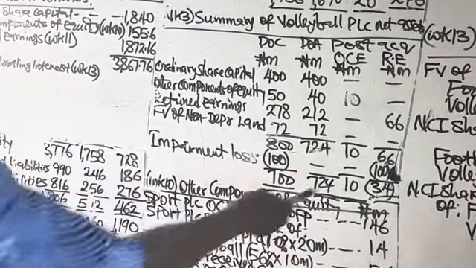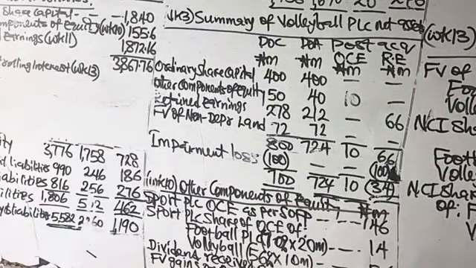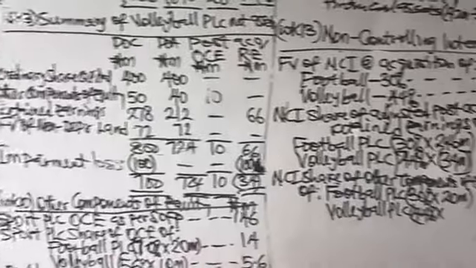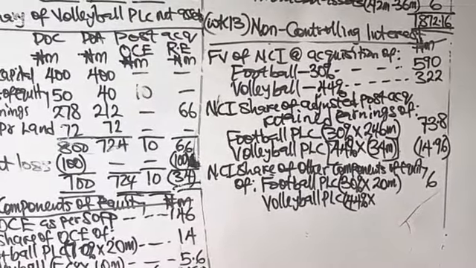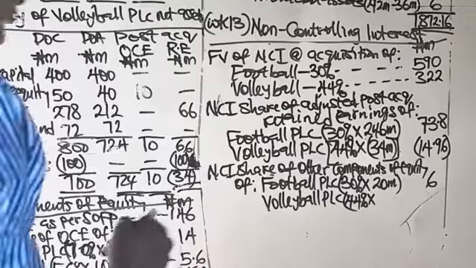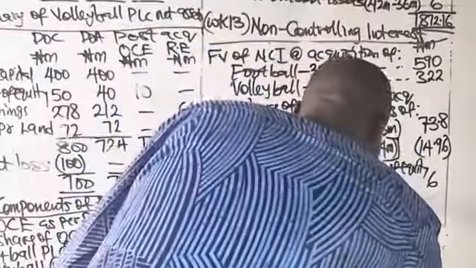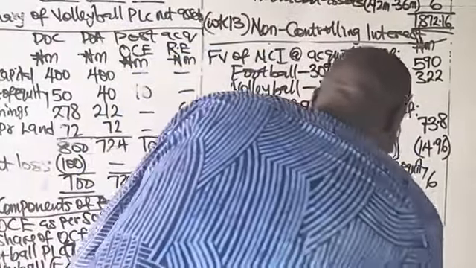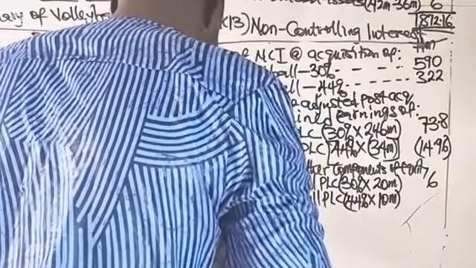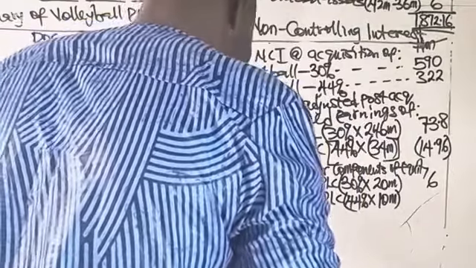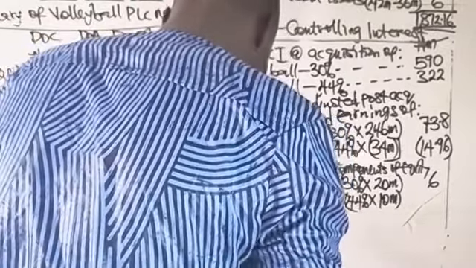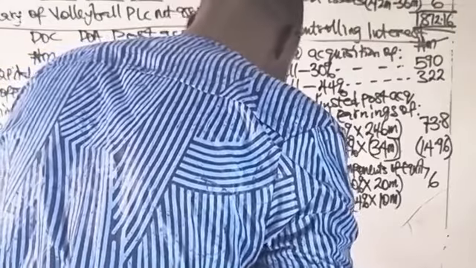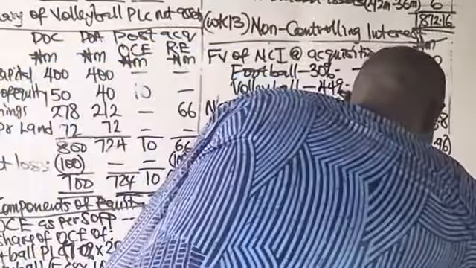We have 10 million. 10 million is the other components of equity on acquisition of volleyball PLC. NCI received 44% of that. 44% of 10 million gives us 4.4 million.